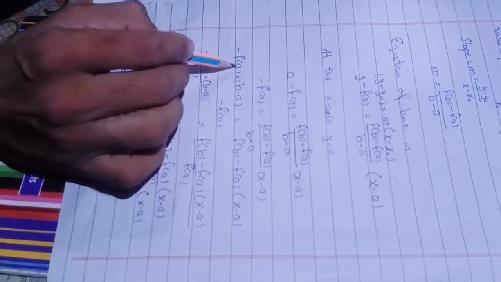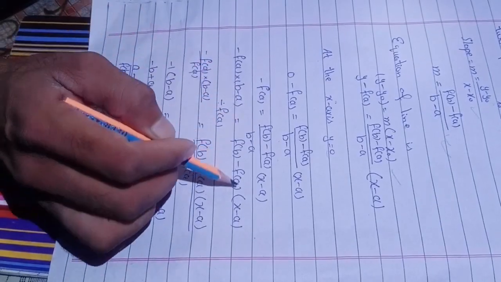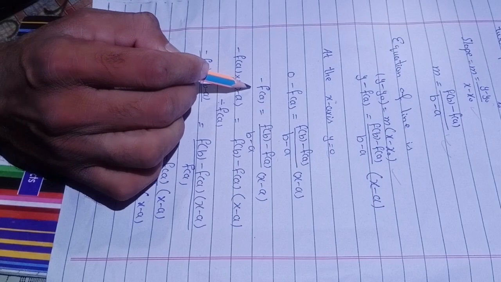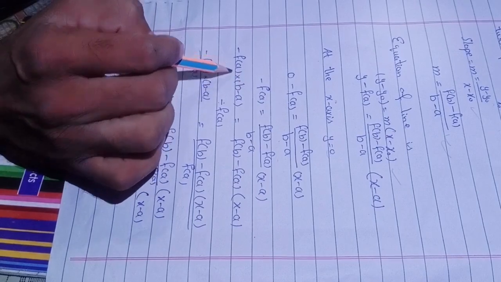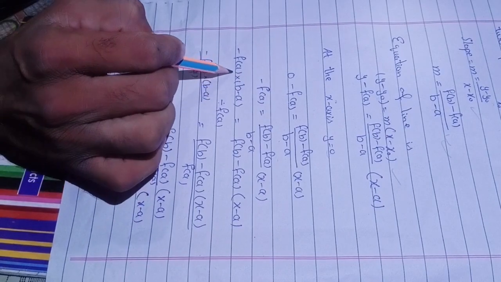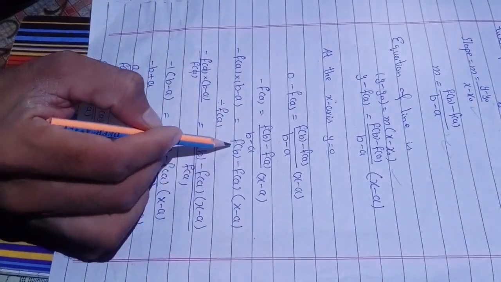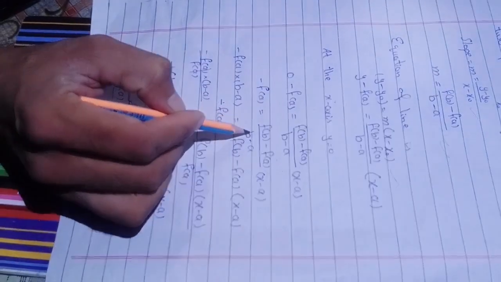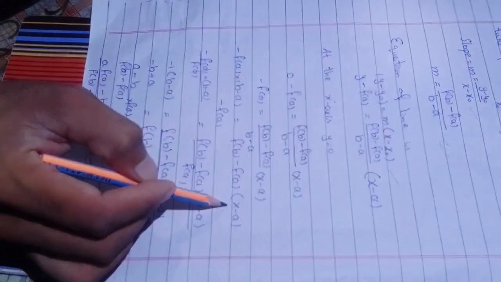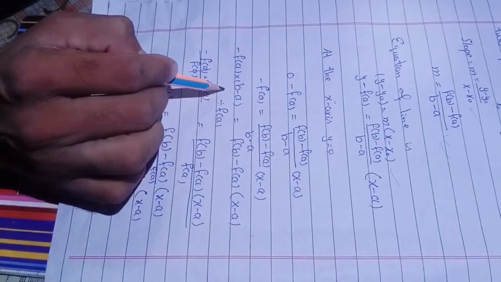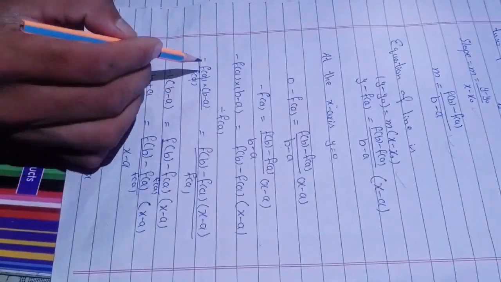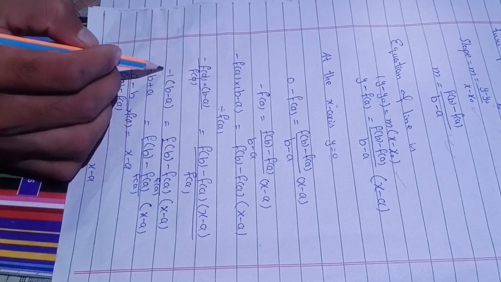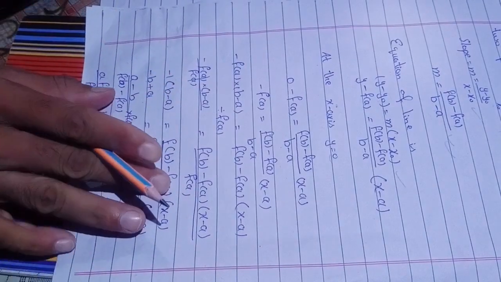So multiply b minus a on both sides. On this side b minus a is cancelled, and divide by f of a on both sides.